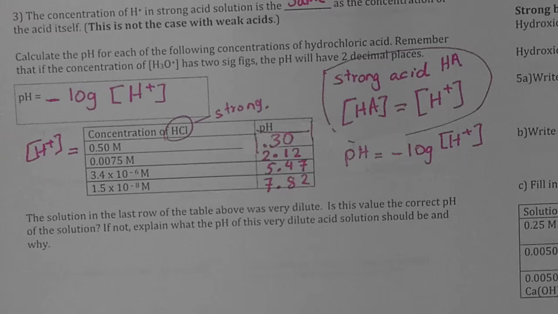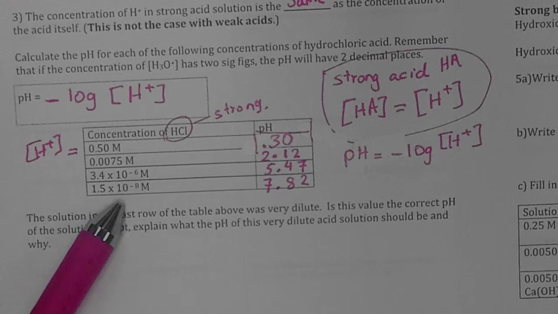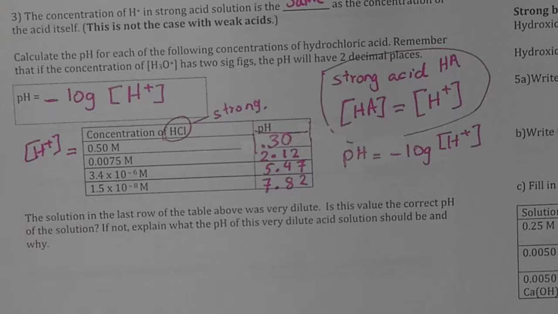Okay. What about polyprotic acid? We'll talk about that one. We have to assume only the first H matters. Okay. The solution in the last row of the table above is very dilute, as you can see here, right? That's a very low concentration.